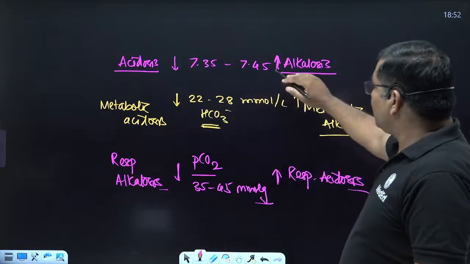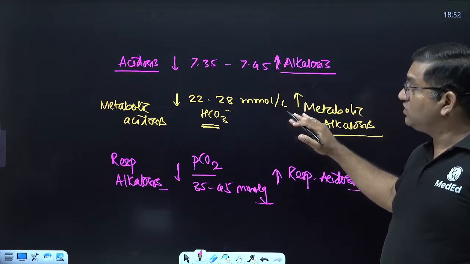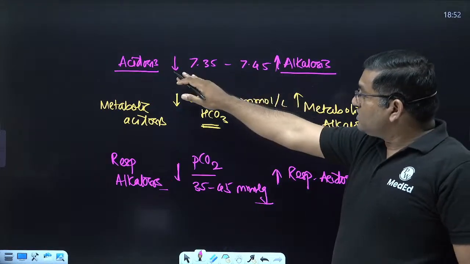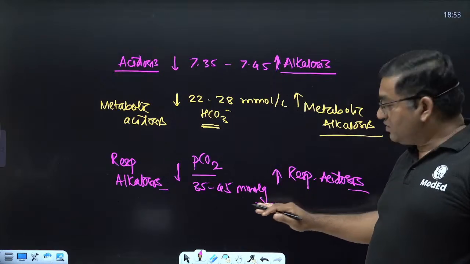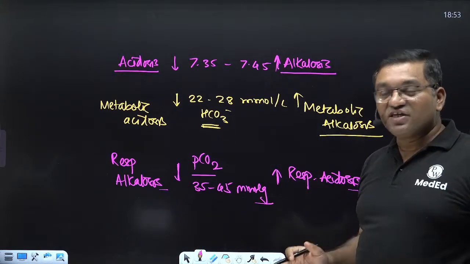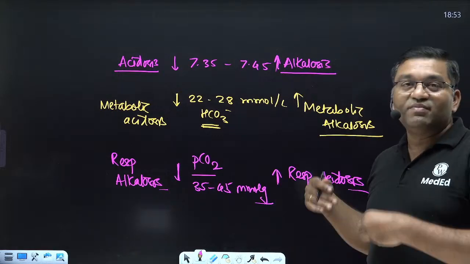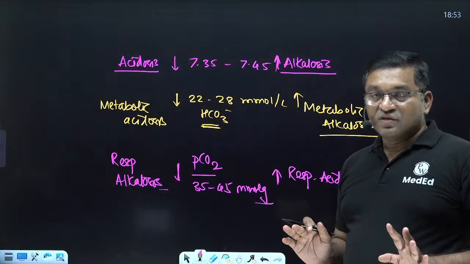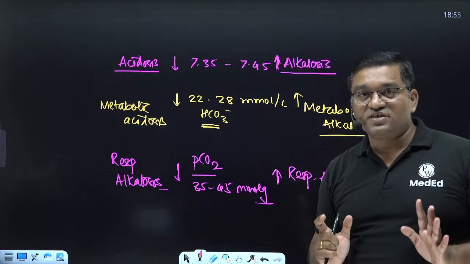If there is an increase in pH and an increase in bicarbonate level, it is metabolic alkalosis. If there is a decrease in pH and an increase in PCO2, PCO2 means carbonic acid, so acid has increased, meaning acidosis. So it is respiratory acidosis. The parameter that goes with the pH is the primary defect, and the other one is the compensatory mechanism.